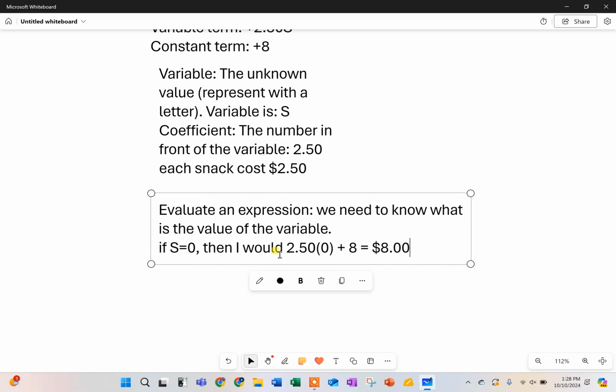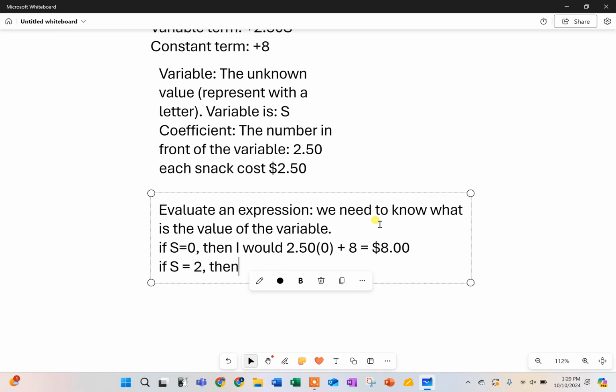So when you're evaluating an expression, you're figuring out what the value is when you know what the variable is. Let's say I bought 2 snacks. S equals 2.